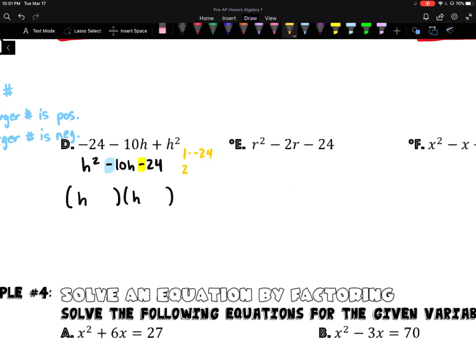So 1 and negative 24, 2 and negative 12, 3 and negative 8, 4 and negative 6. So now I'm looking for the combination that gets me to negative 10. 1 plus negative 24 is negative 23. Doesn't work. 2 plus negative 12 is negative 10. Don't need to go any further. So that'd be plus 2 and minus 12.